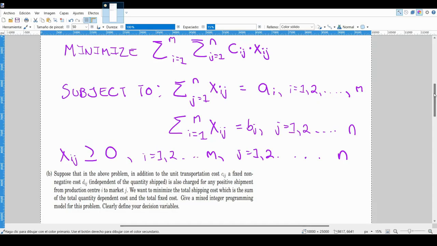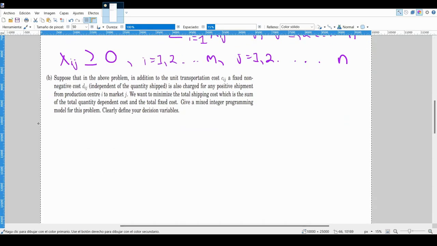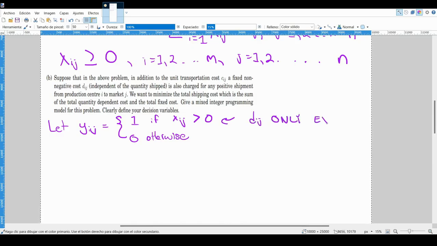We have to introduce a binary variable here, so we're going to denote this as Yij to equal 1 if Xij is greater than 0 and 0 otherwise. We do this because Dij only exists if an amount is shipped.